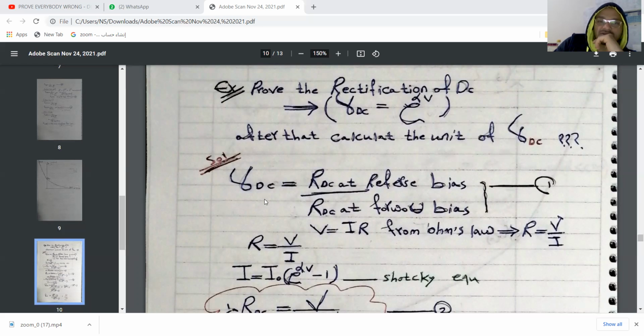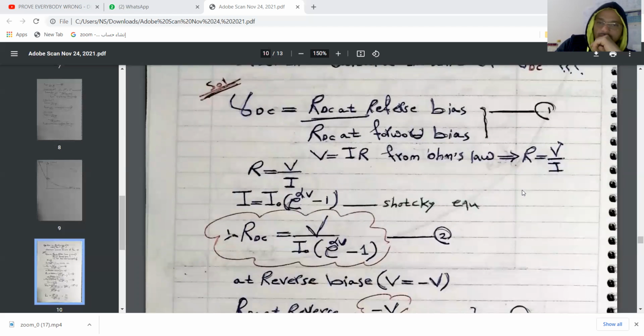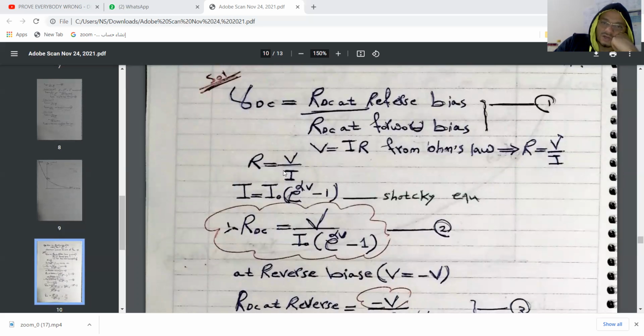We know dynamic rectification equals dynamic resistance at reverse bias divided by dynamic resistance at forward bias. From Ohm's law, R equals V divided by I, and from the Schottky equation, I equals saturation current times exponential alpha V minus 1.